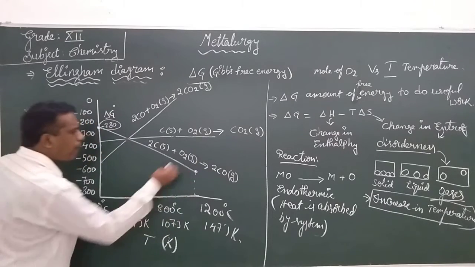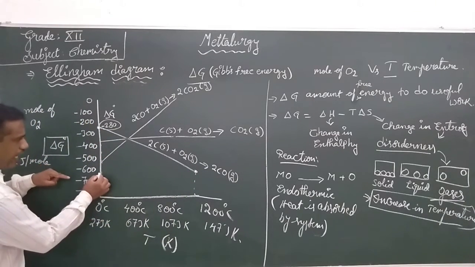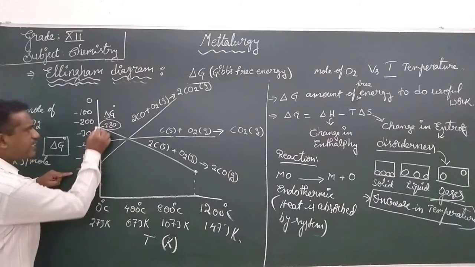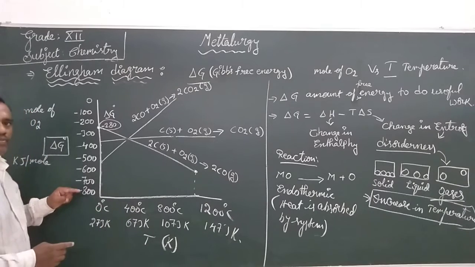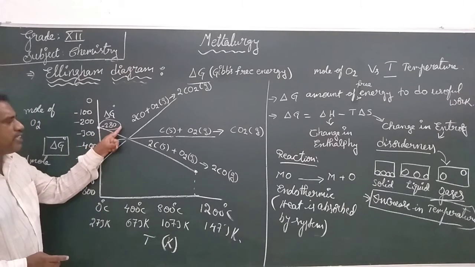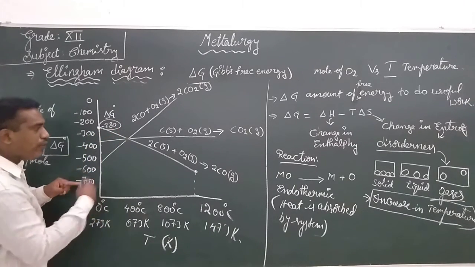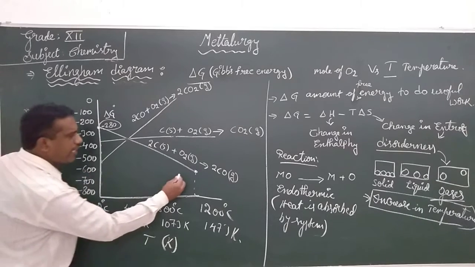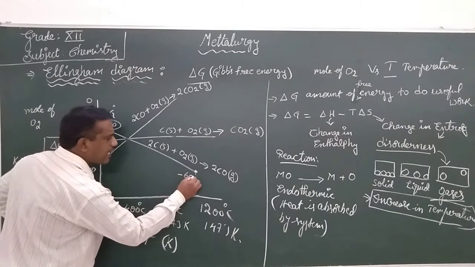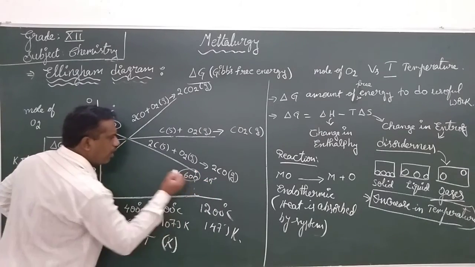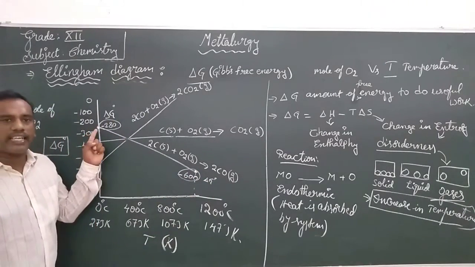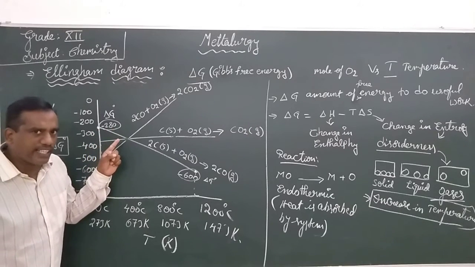Is the Gibbs free energy decreasing more at the end of the line? Here it is minus 280. When you refer to the line's end, it may be minus 600 delta G naught. So in the starting of the reaction, its Gibbs free energy is negative.